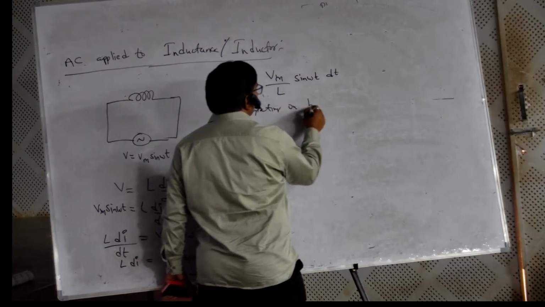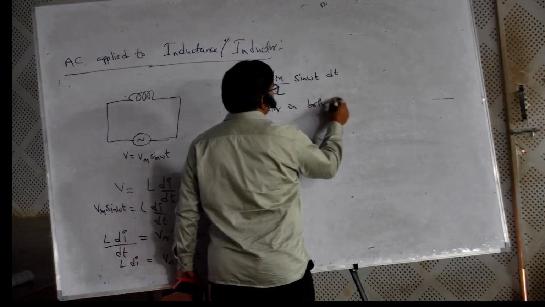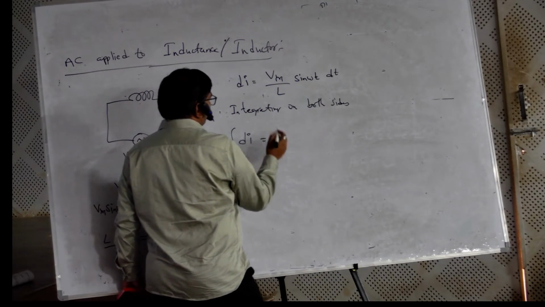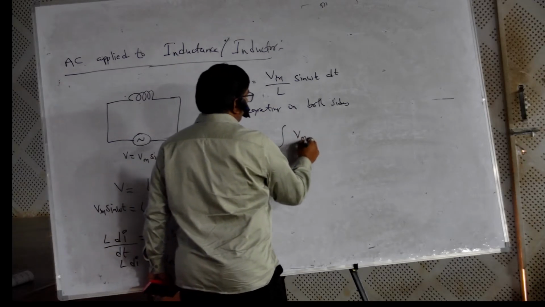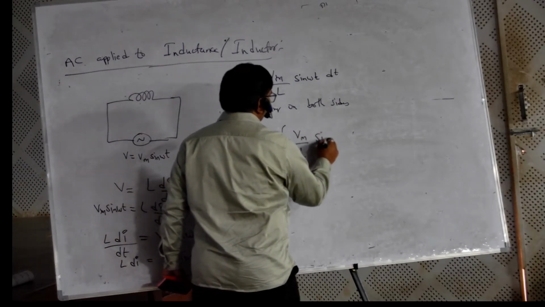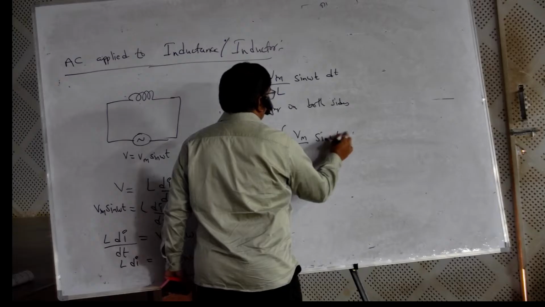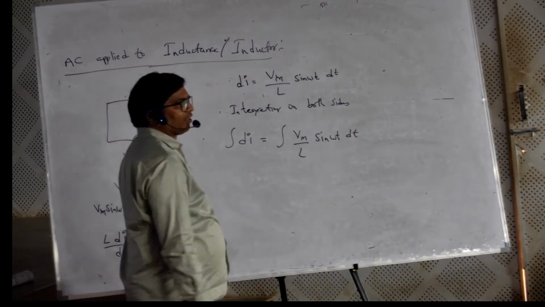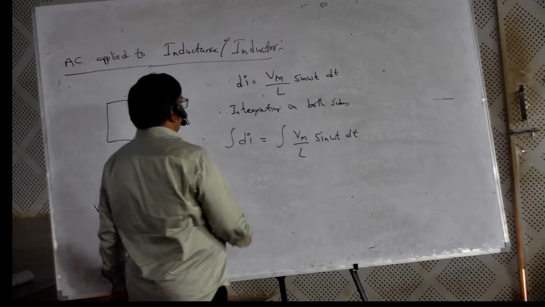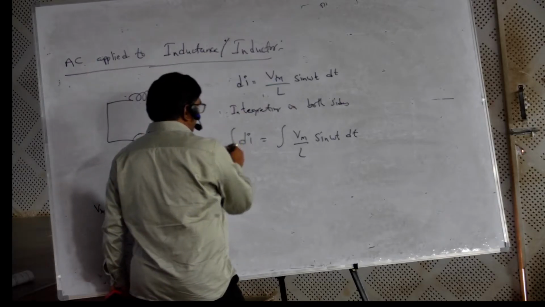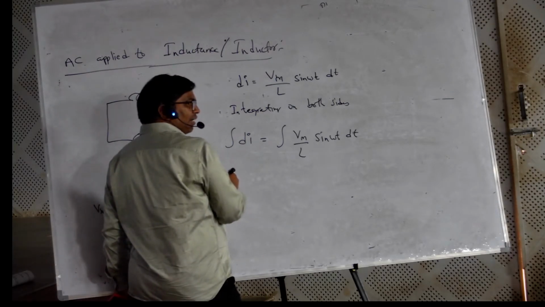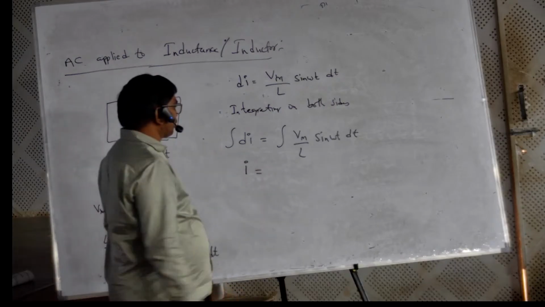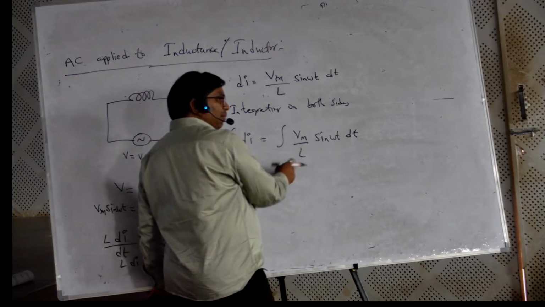What happens? Integral di is equal to integral Vm by L sin omega t dt. So integration and differentiation cancel, and you will get I is equal to Vm by L, which is a constant.